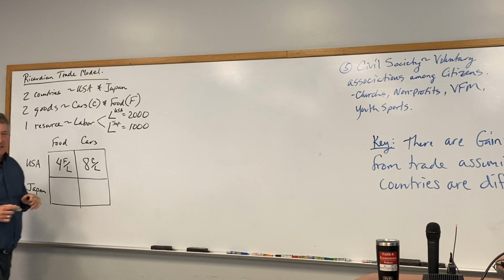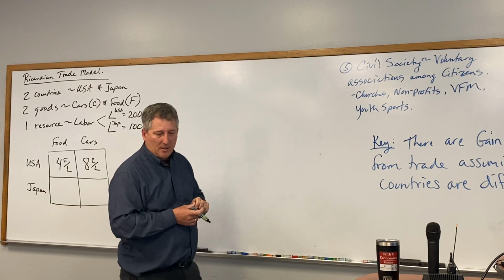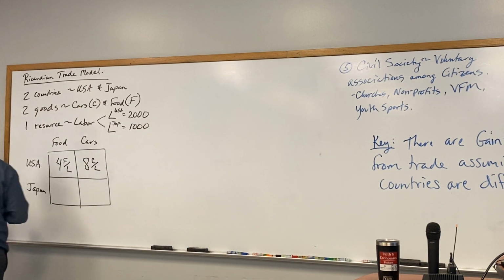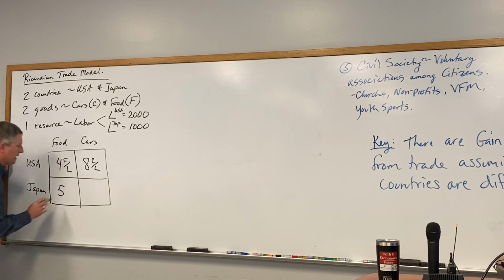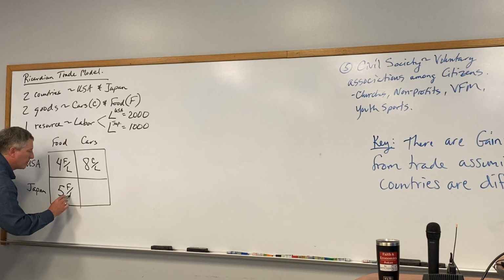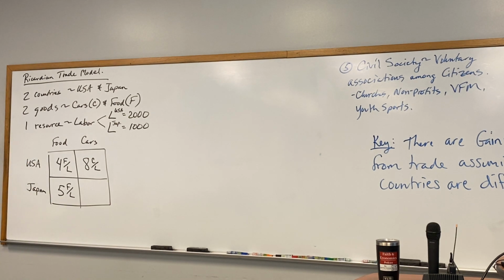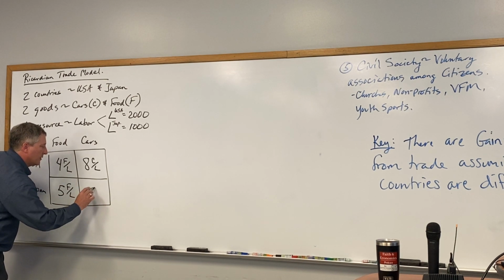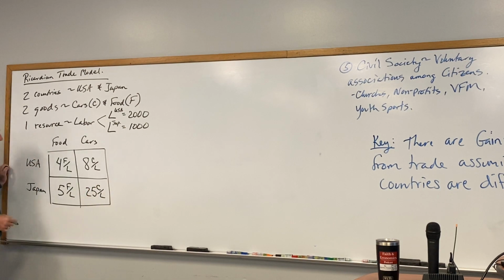So that's their productivity, the number of cars per person. In Japan, the Japanese can do 5 units of food per unit of labor. Or a Japanese person can do 25 cars per unit of labor.